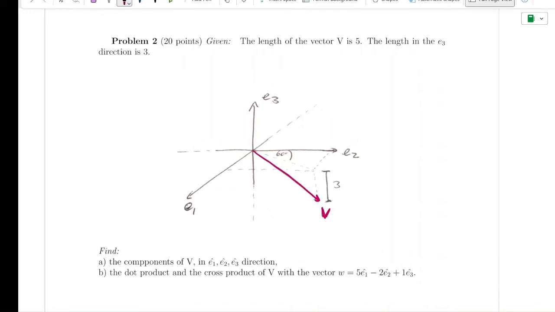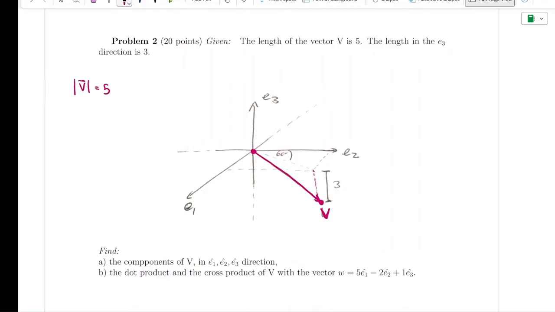It just doesn't look quite like it from this angle. So v points from here to here, and then we know that it's this distance 3 in this direction, and that this vector has length 5. So what that means is that the magnitude of v is equal to 5.